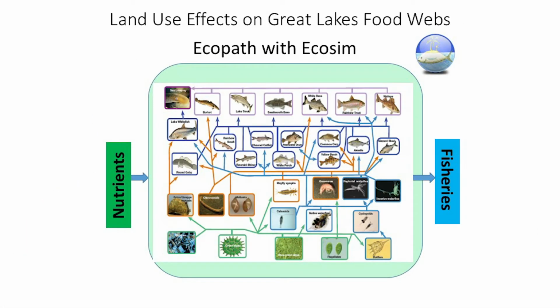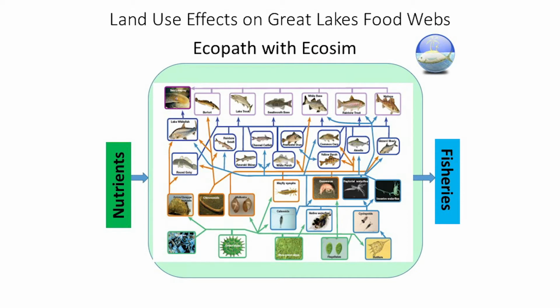And the tool that we're going to use to translate the changes in nutrient loads coming off the watershed and how they affect the coastal food webs is a well-known food web model developed by scientists at University of British Columbia to look at nutrient and fisheries harvest impacts on food webs. It's called the Ecopath with EcoSim model, and we've adopted it for use in the Great Lakes.